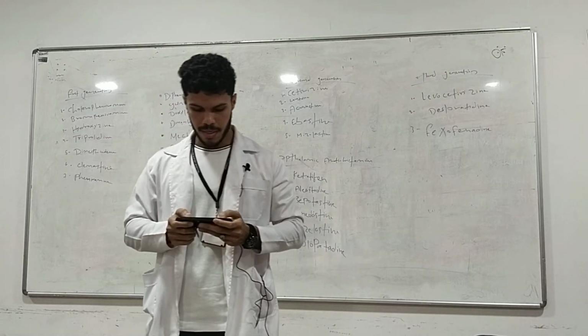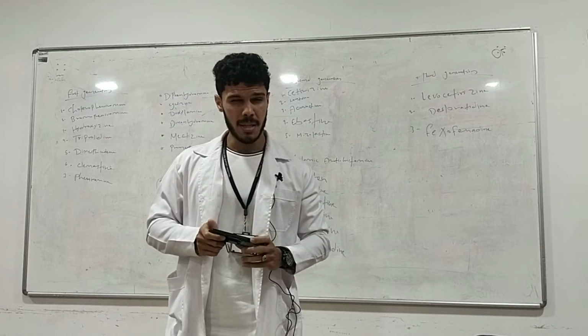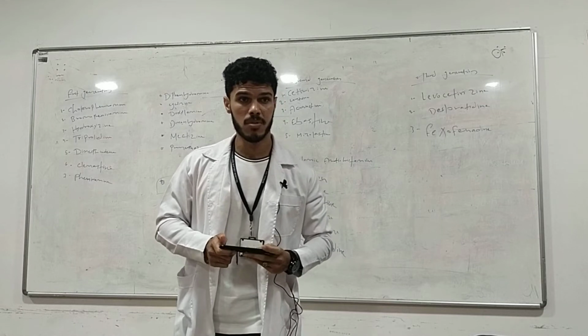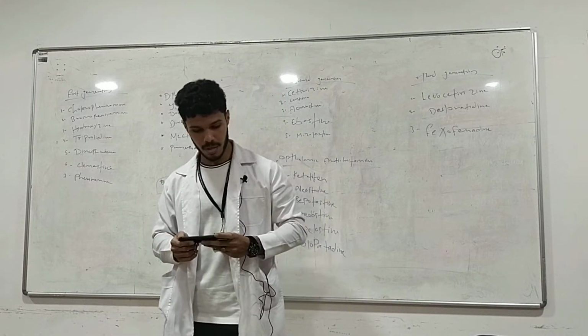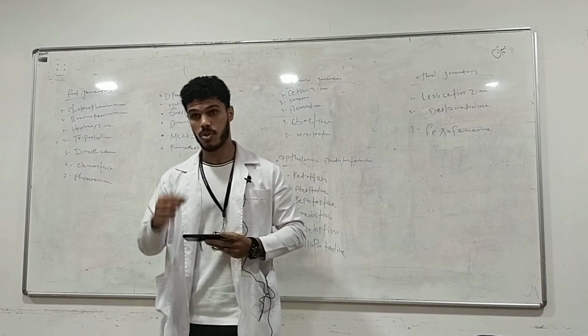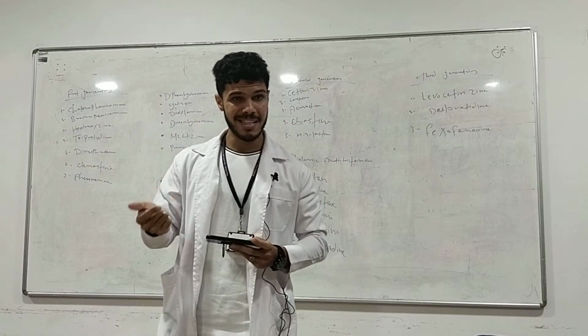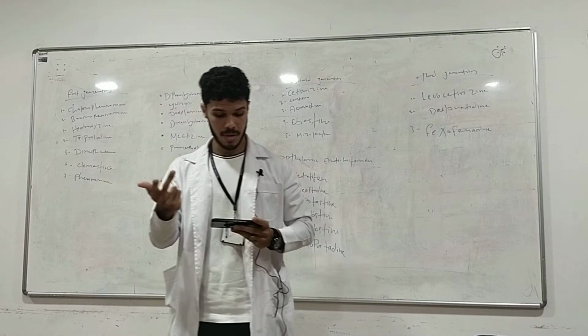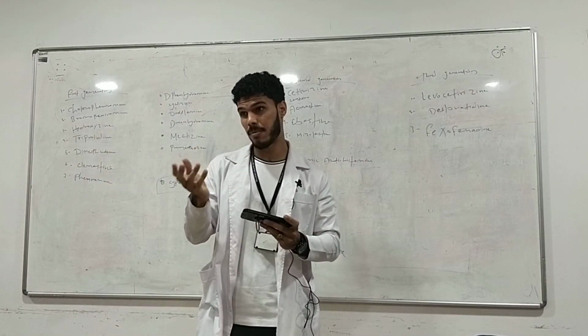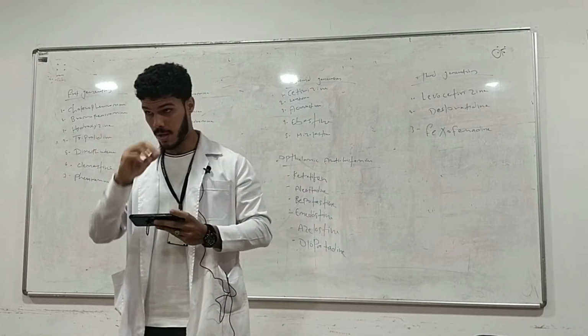Okay, and then at the stomach, we have H2 receptors, which increase the gastric acidity and all. And in the nose, we have three things: runny nose, sneezing, and nasal congestion. Can anyone tell me why we'll have a runny nose?